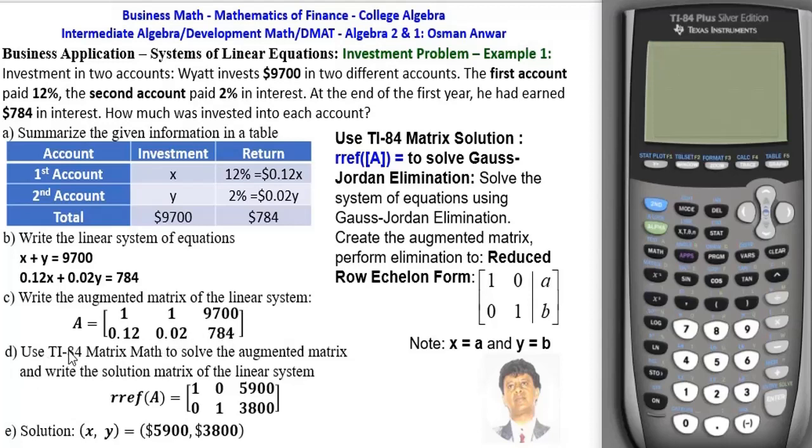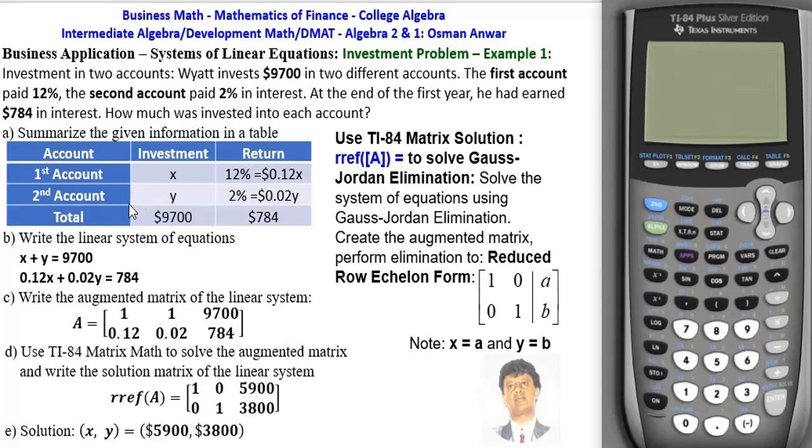Then use TI-84 RREF A, it is going to give us this reduced row echelon form, which is x equals 5,900, y equals 3,800.